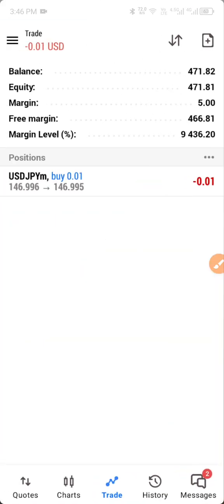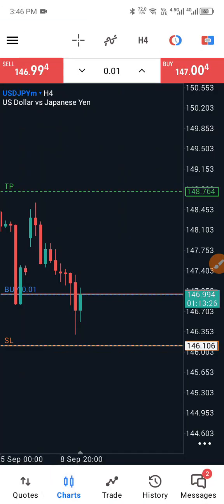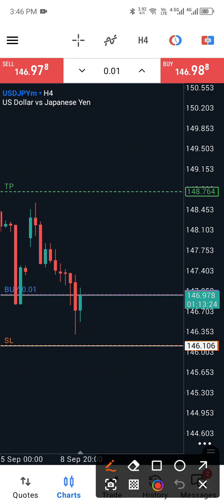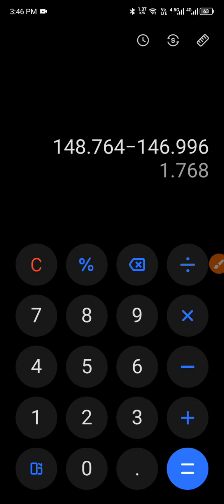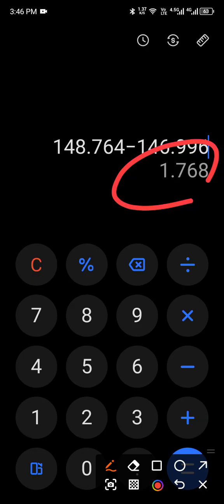That will give me 1.768. So we've gotten our risk and we've gotten our reward.